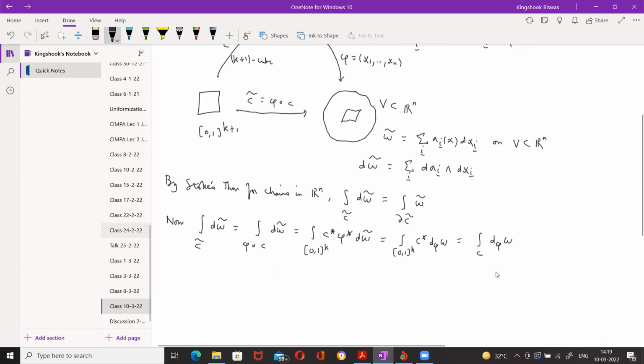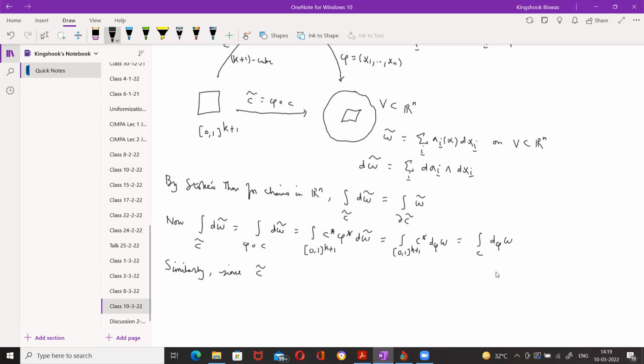But now similarly, if I look at the integral of omega tilde over the boundary of C tilde, the boundary of C tilde is a sum of faces of C tilde. Now faces of C tilde will be given by composing faces of C with phi, right? Sir, in the last line, it should be k plus 1, right? Yes, thank you.